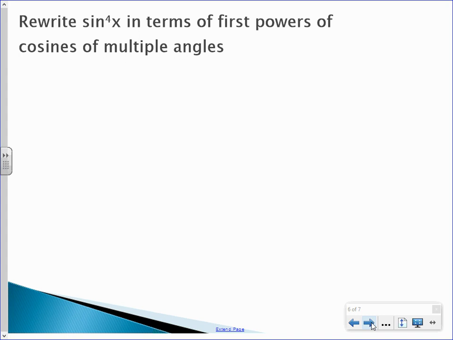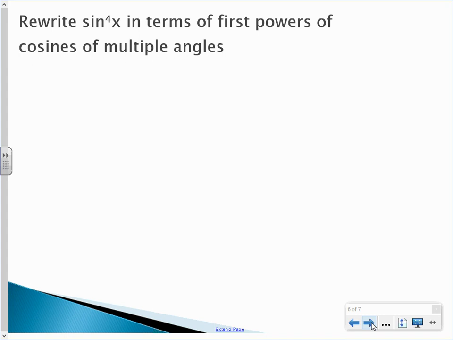This example: rewrite sine to the 4th x in terms of first powers of cosine. I want to rewrite sine to the 4th so that we only have functions to the first power. That's what the power reducing formulas help us with: rewriting our trig function so we have powers of 1.